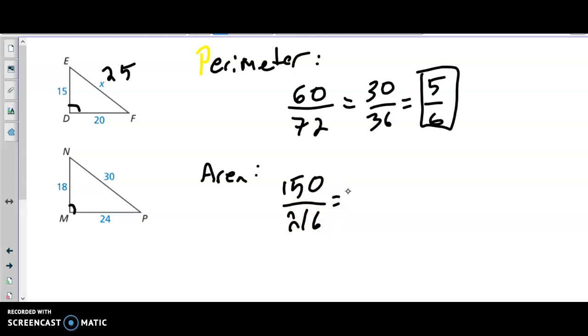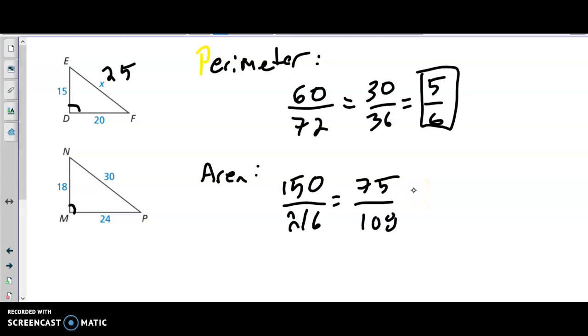So again, let's do some reducing. Both of these have 2 going into them, so I get 75 over 108.